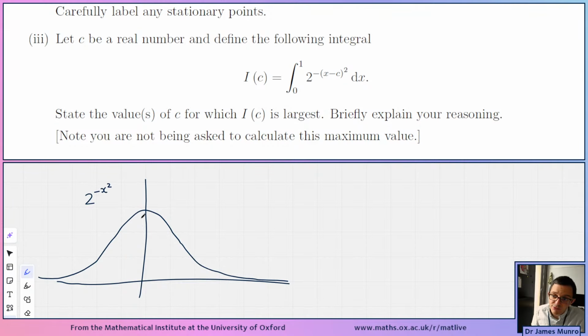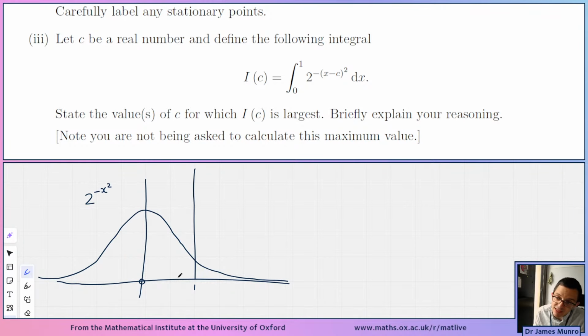We're asked for, this is a bit tricky, the integral from 0 to 1, which we can't do because that's not a function I know how to integrate. But we're interested in the integral from 0 to 1, so between these lines.